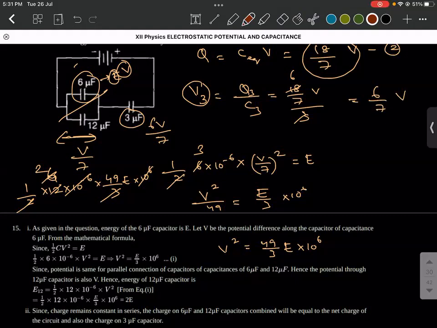Half CV square. Did I miss any parameters?